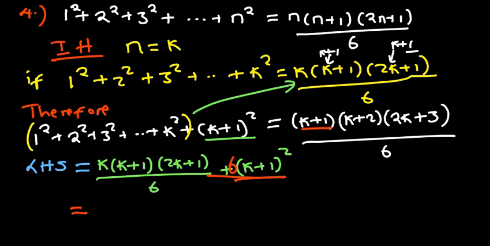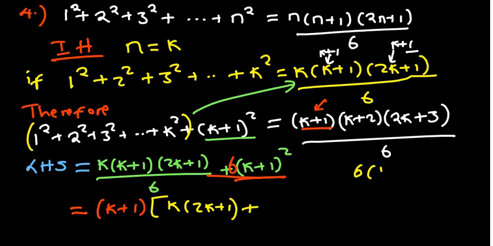So let's factorize the k plus 1, which we can already see is common there. If we do factorize the k plus 1, what is remaining for the first part? I'll put the square brackets. We're remaining with a k and 2k plus 1. Then the other part, since k plus 1 to the power 2 is as good as saying k plus 1 and again k plus 1, we factorized out 1.